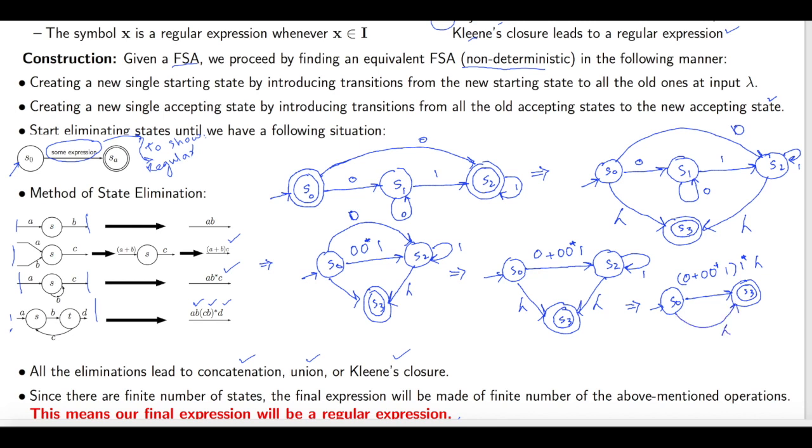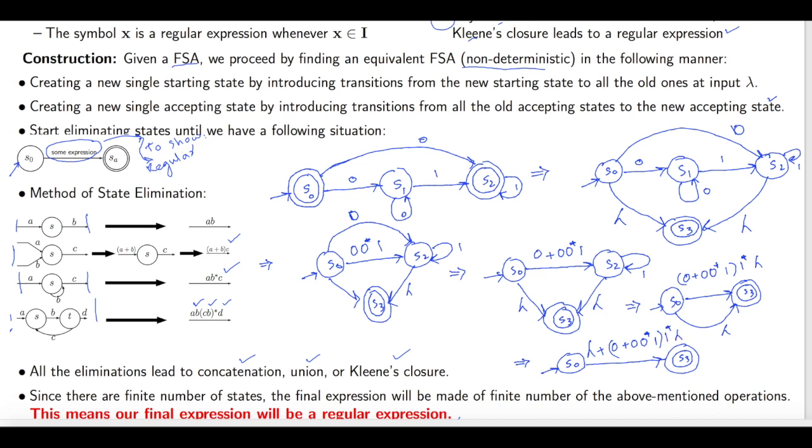Now, because they are also parallel, this is S0 here and S3 here, and I can say lambda plus 0 plus 0, 0 star 1, 1 star, lambda.